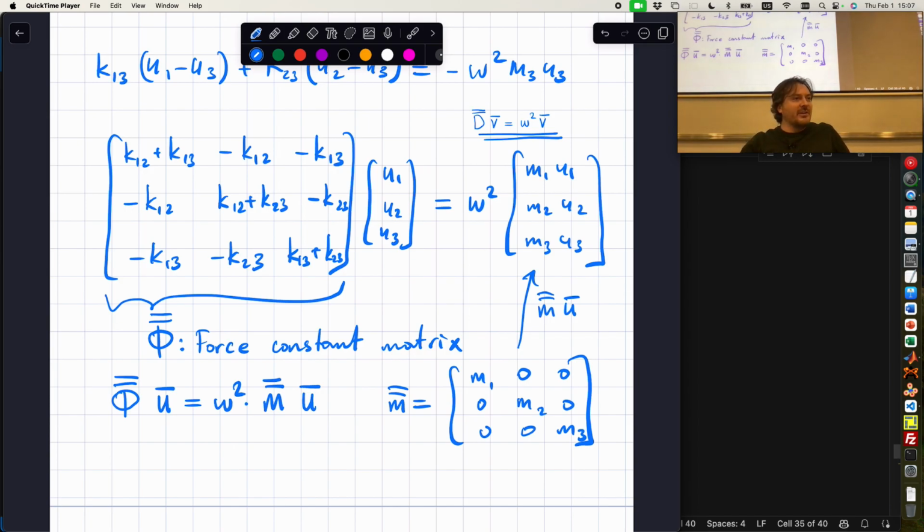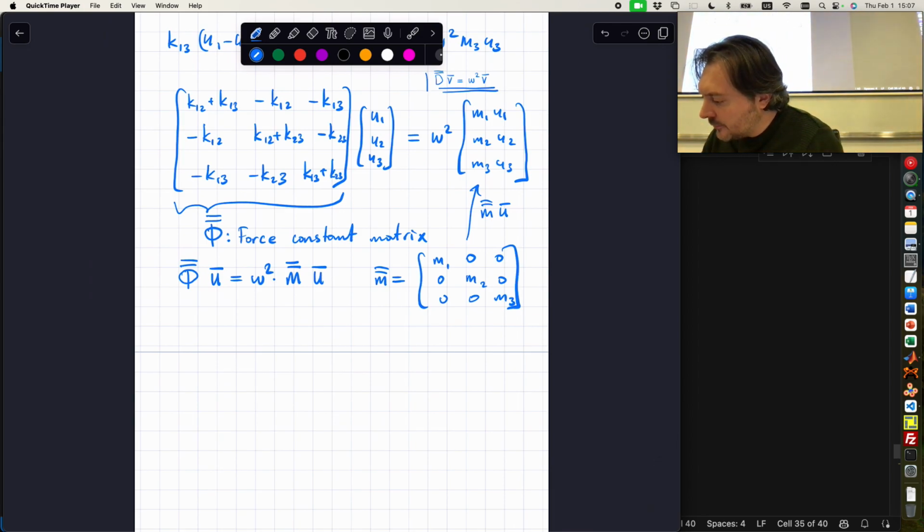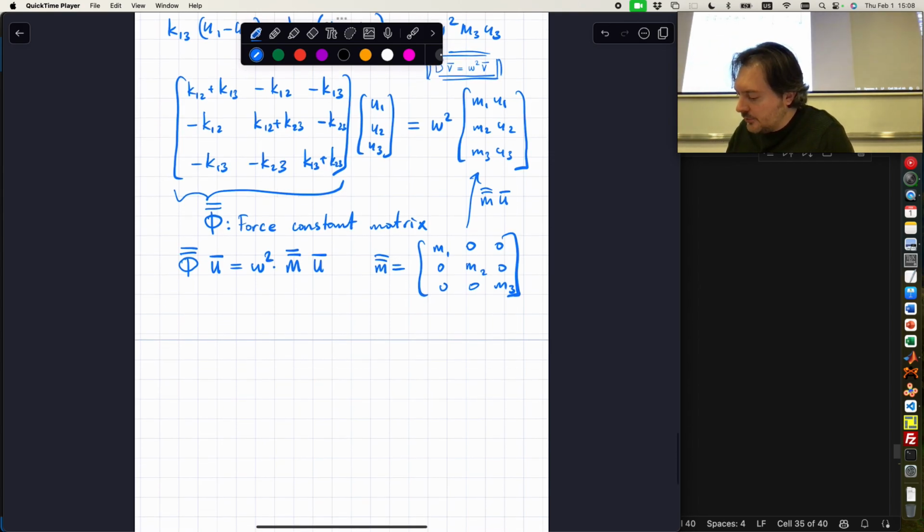This is one of the longest derivations. So now we will do some matrix algebra so that we get actually something in this form. Here's what we do.